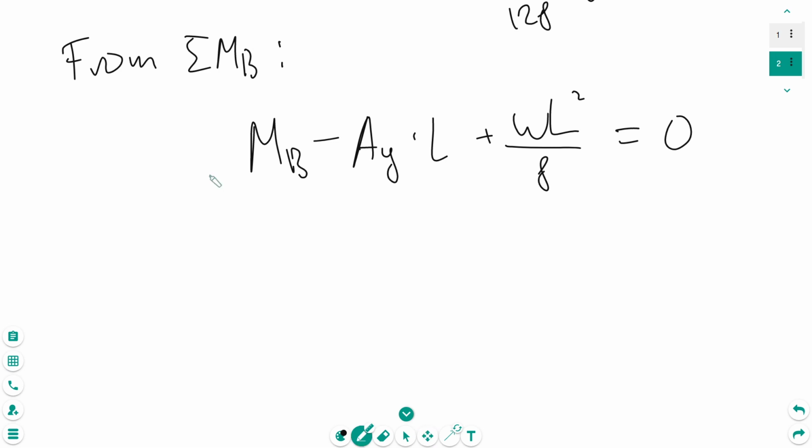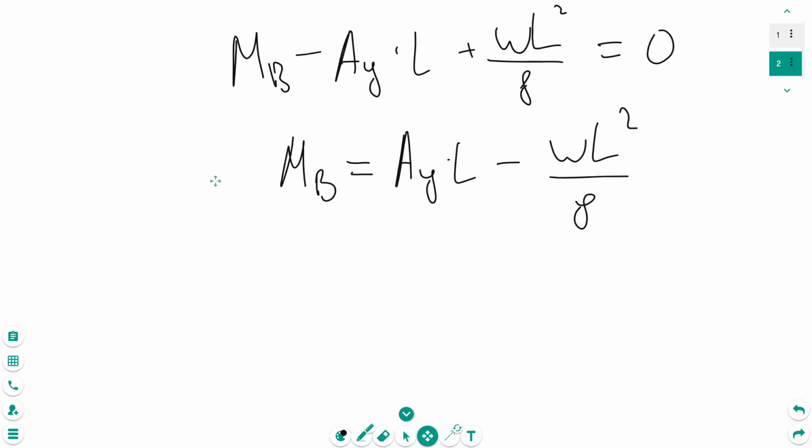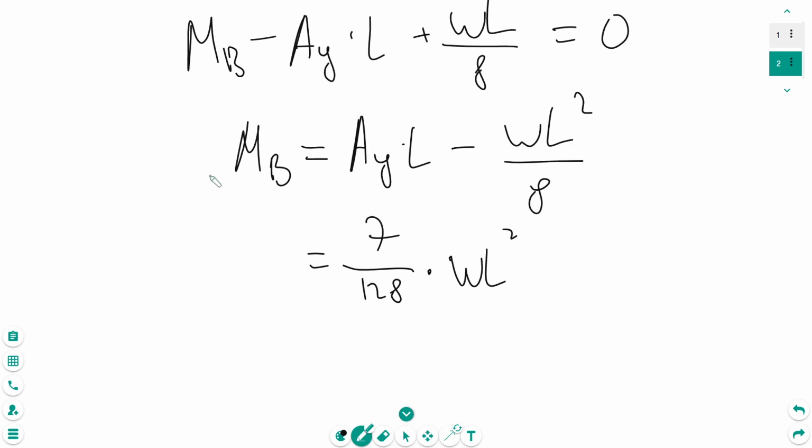Writing this in terms of MB, I can then say that MB is equal to AY times L minus WL squared divided by 8. Now, as AY is equal to 7 over 128 times WL, this makes 7 over 128 WL squared, minus WL squared over 8.